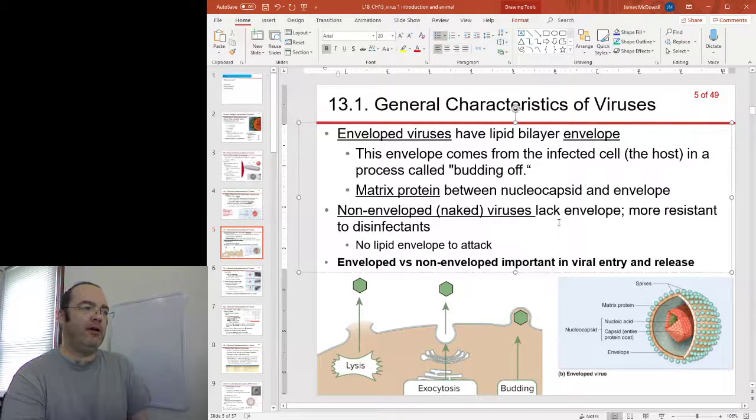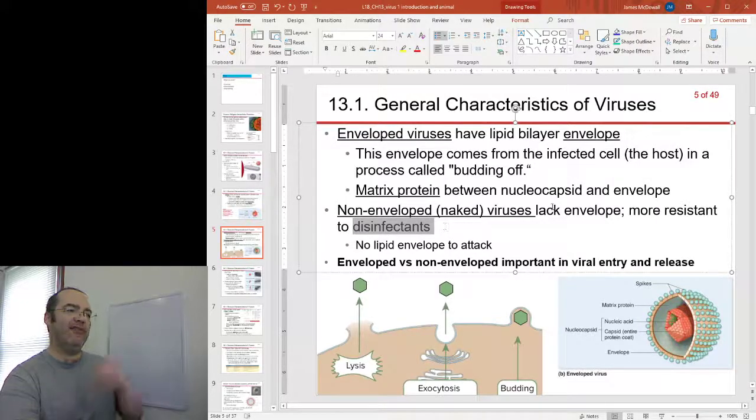It's also kind of important in terms of how resistant the virus is to disinfectants. A naked virus doesn't have the envelope. The envelope is kind of an easy target, and simply the non-enveloped virus doesn't have that target for us to attack.